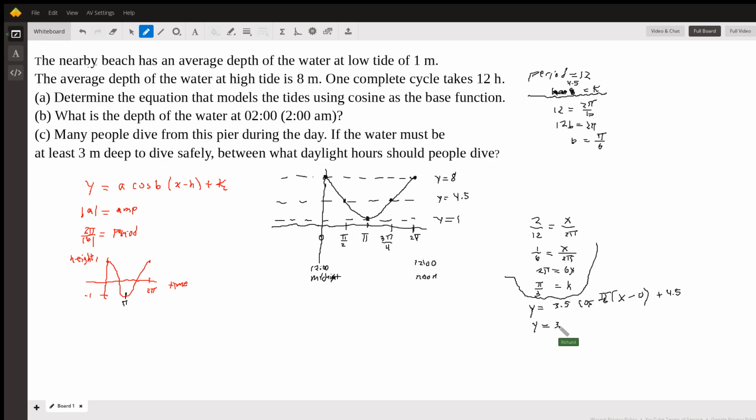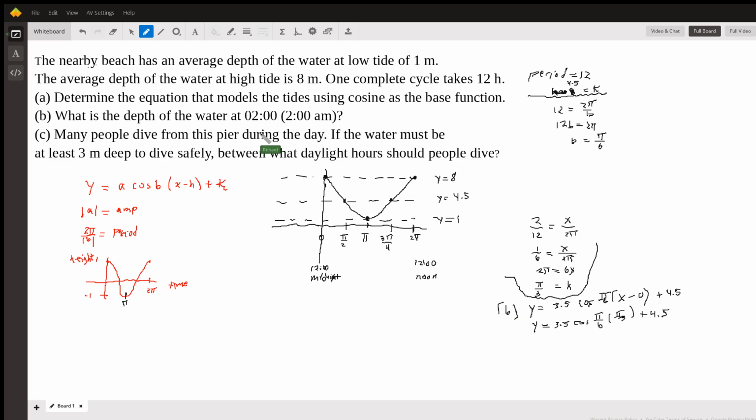So y equals 3.5 cosine of pi over 6 times pi over 3 plus 4.5. So I'll leave that for you. So this is part B here.